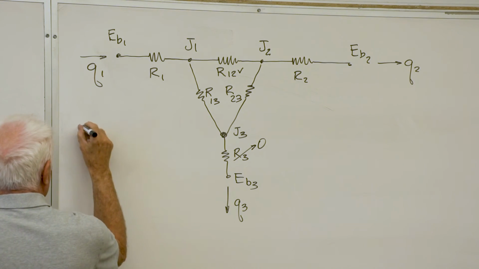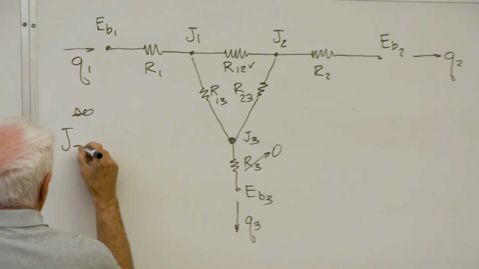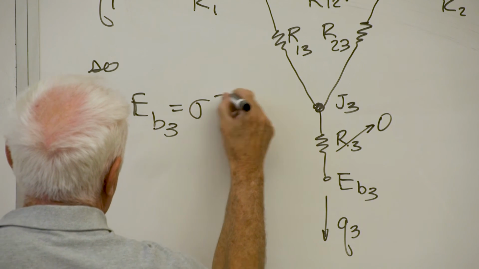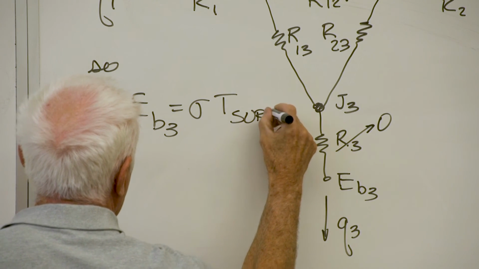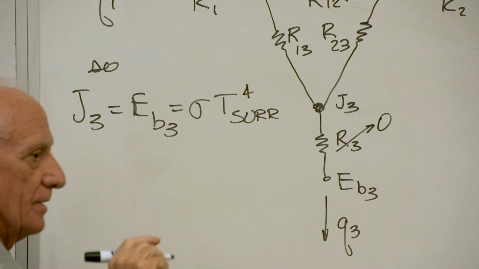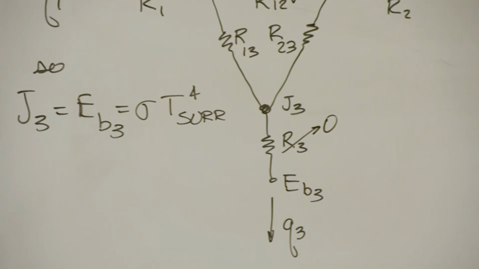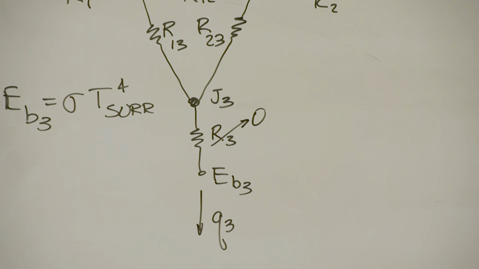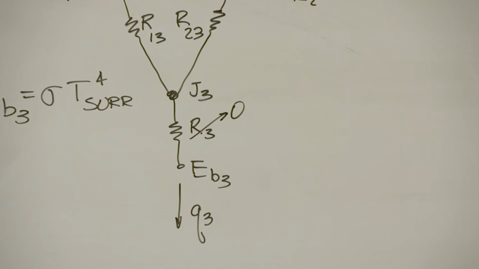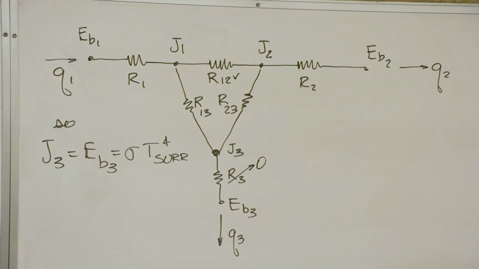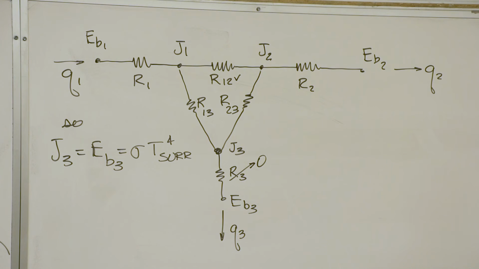Yeah, we talked about that last time. Yes, I know J3. J3 is not unknown because the hypothetical surface is being modeled by a black surface. How many unknowns are in that picture now? I know EB1, I know EB2, I know J3, two unknowns, J1 and J2.